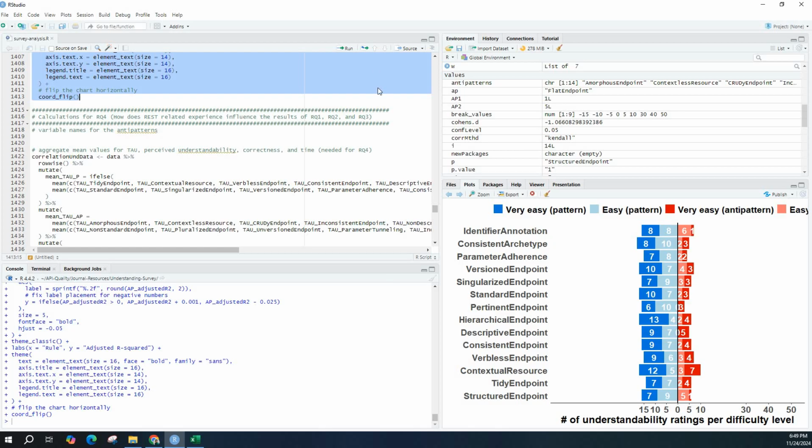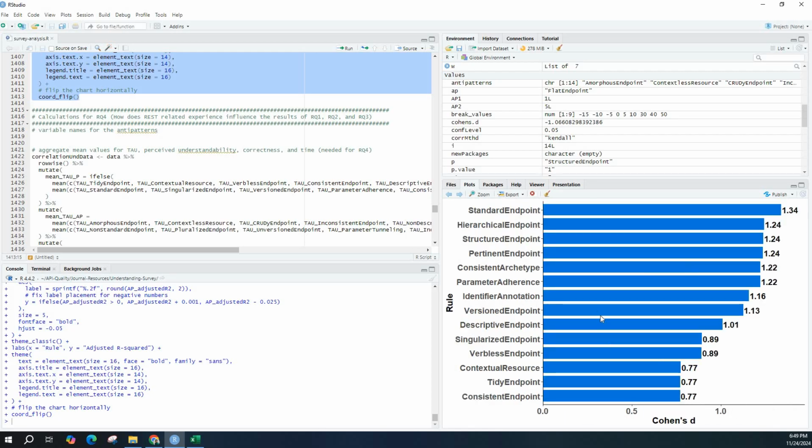From this Likert plot, you can see that the yellow-bluish portion on the left-hand side represents patterns, and the right-hand side represents anti-patterns. In most of the cases we have higher numbers on the left, and the patterns are quite easy to understand compared to anti-patterns.